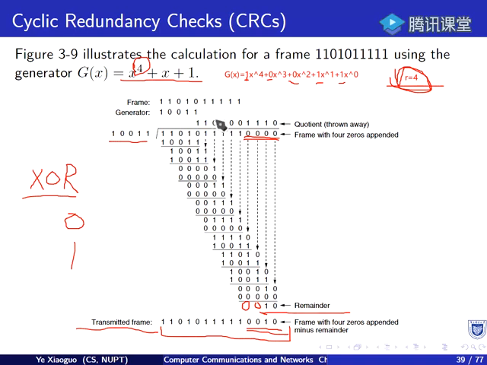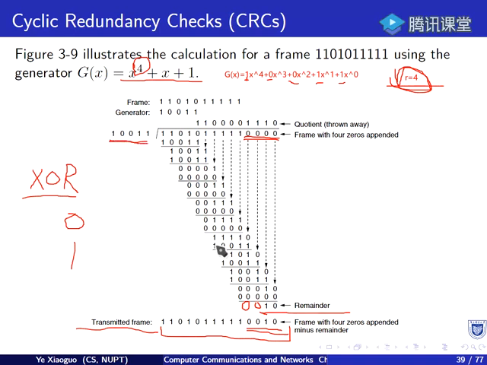So we write the 1 here. Then write 0 down to here. So 5 bits.